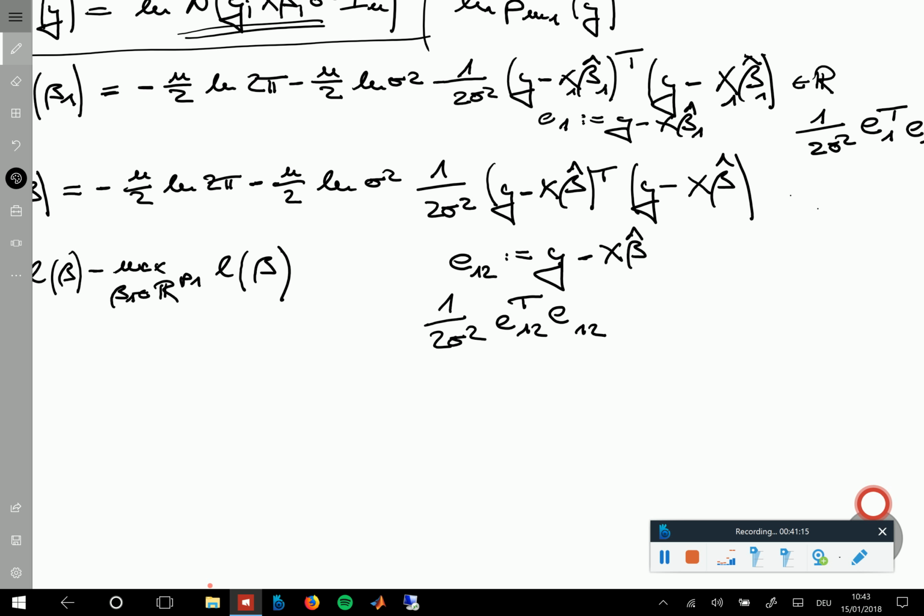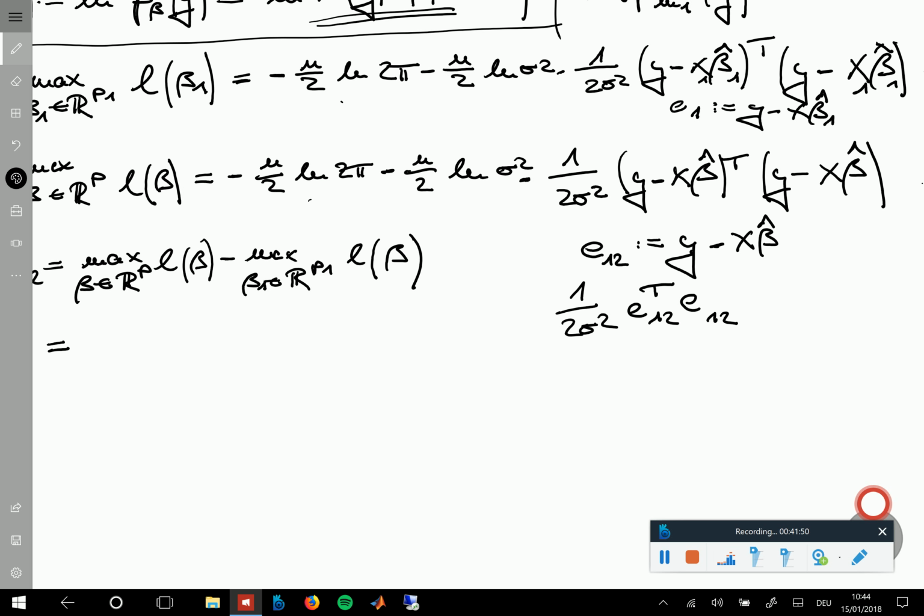Then what we need to do is subtract this expression here from this expression here, and of course there are a number of terms which are all the same, so we can get rid of that. And then we have a negative value here for the residual sum of squares for the first one and for the second one.